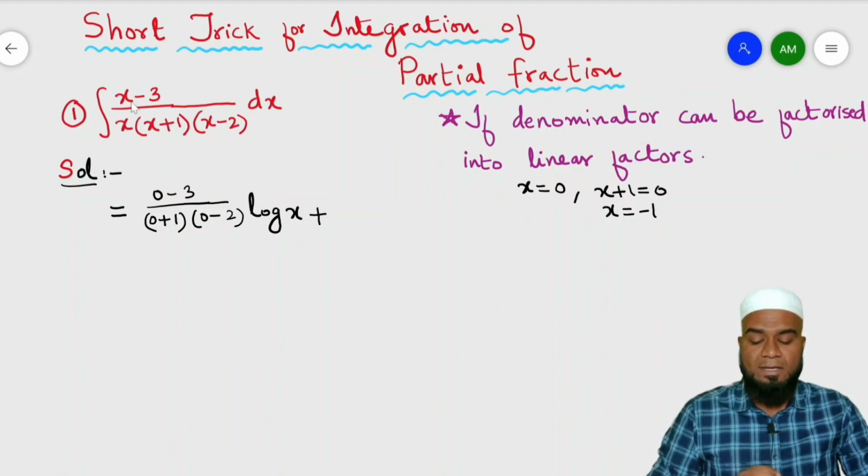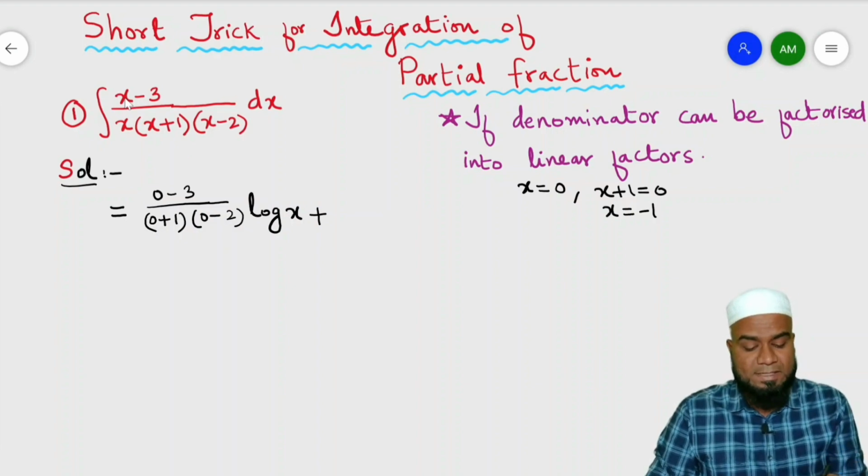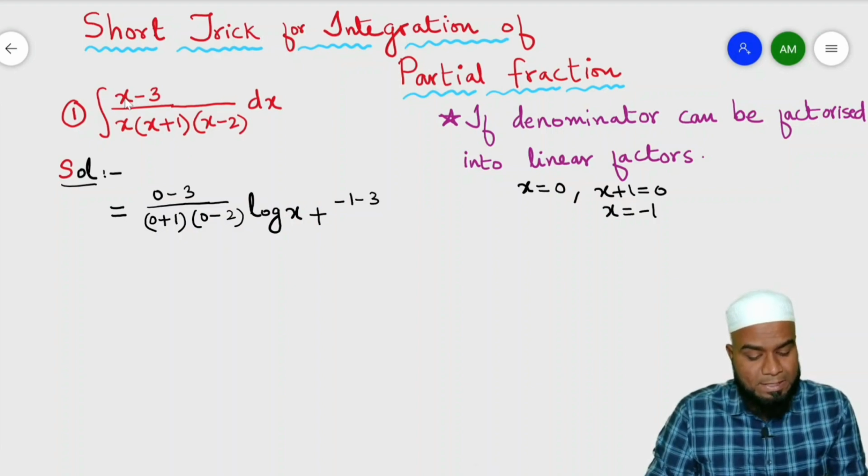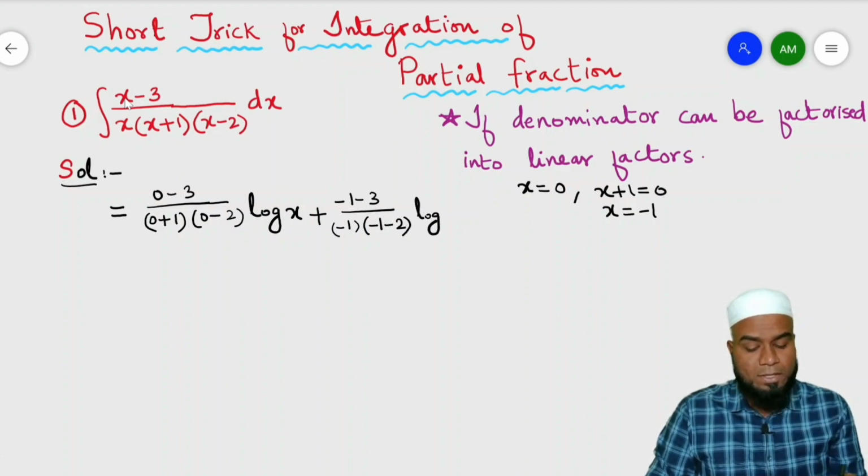So put minus 1 minus 3, divided by minus 1 in place of x, then omit the second term, then x minus 2 is there, minus 1 minus 2. Then log of x plus 1. This is the second term.